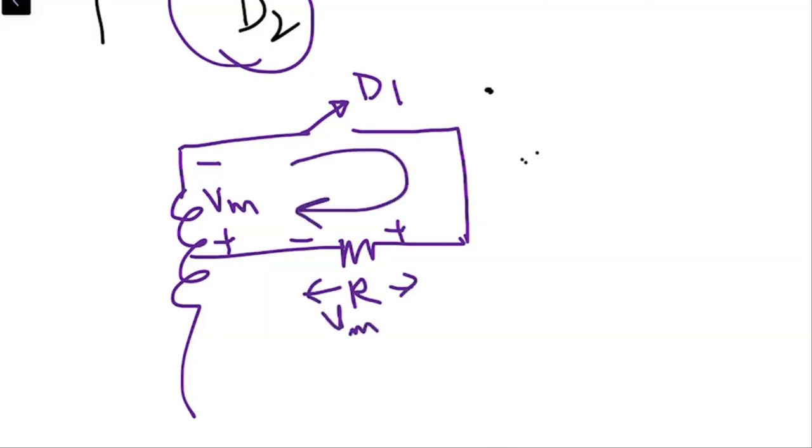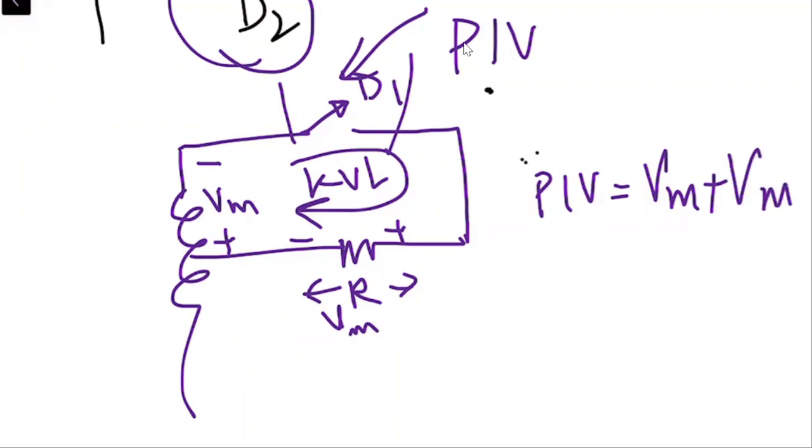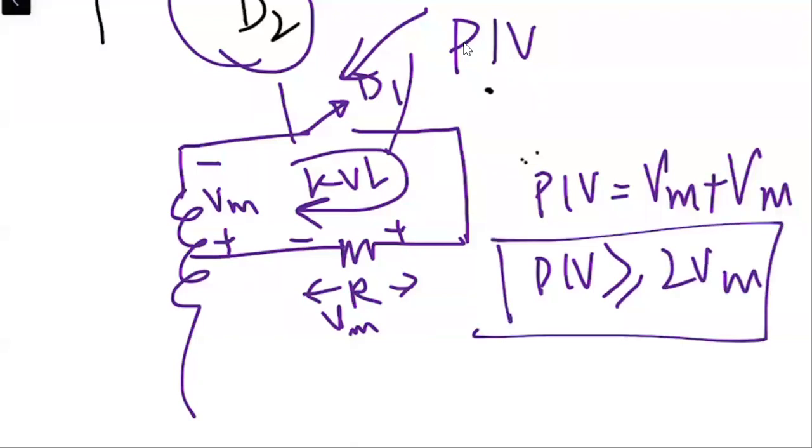So if we apply KVL over here, the peak inverse value across the diode D1 will be equal to the drop across the resistor plus the potential across the secondary winding, right? When both are added, the peak inverse value in case of center tap should be greater than or equal to 2Vm. Are you with me?